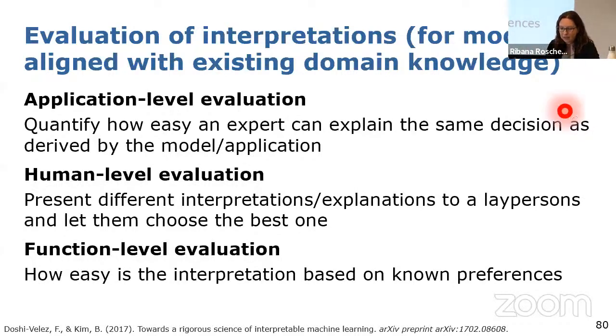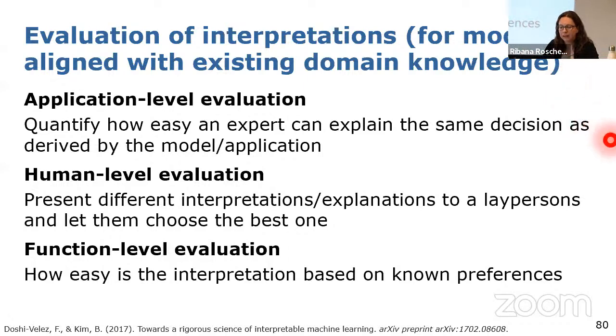This is restricted, or here mainly for models aligned with existing domain knowledge. So this is not if you want to discover something new. This is when you, for example, want to increase the trust.